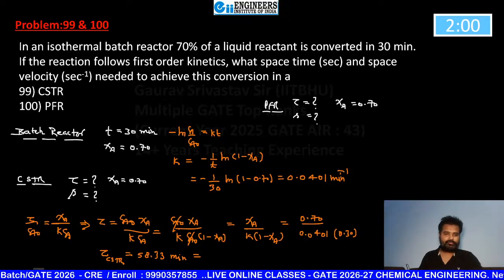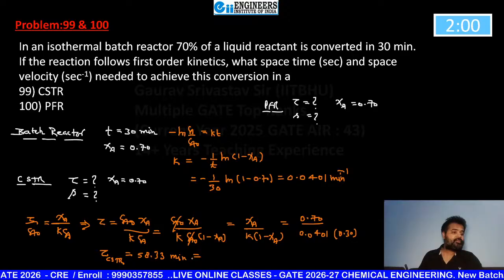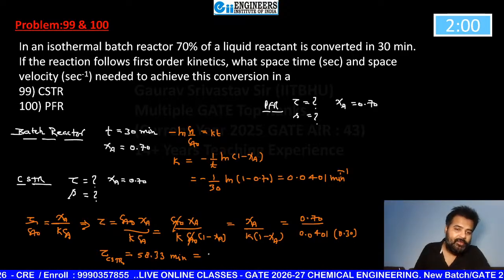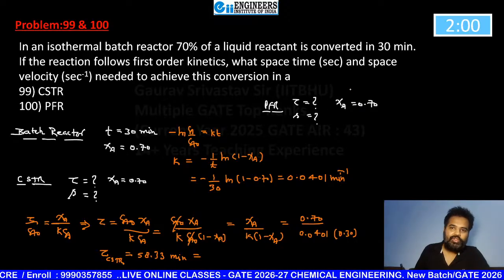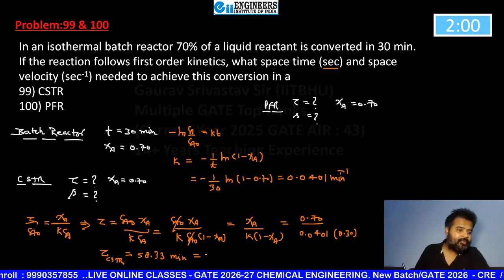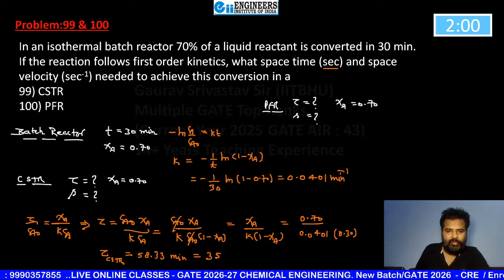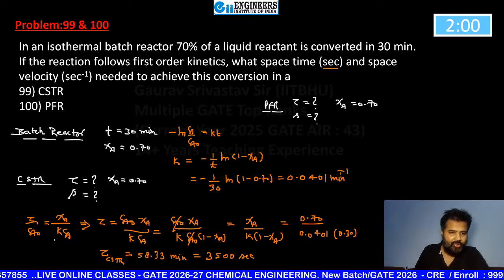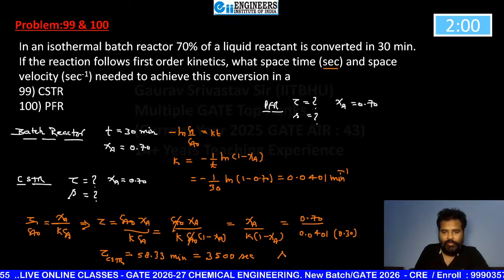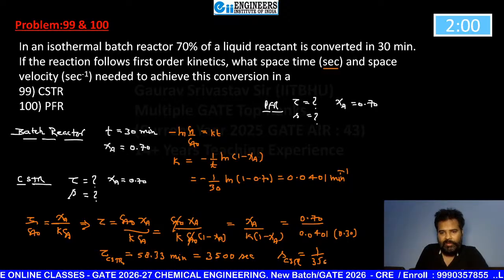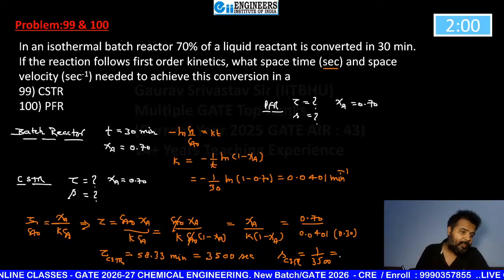Now, in second, just multiply with 60 and tell me, because I asked in second. 3500 second approx. Okay, 3500 second. So this is your one answer. And what is the value of space velocity for CSTR? No need to worry, just 1 by 3500 in second inverse.